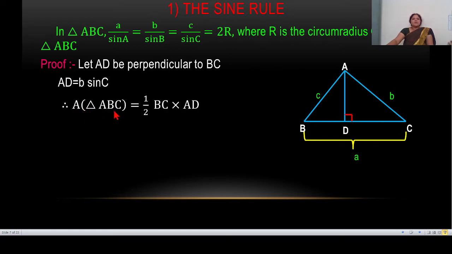Therefore, area of triangle ABC equal to 1 upon 2 base into height.